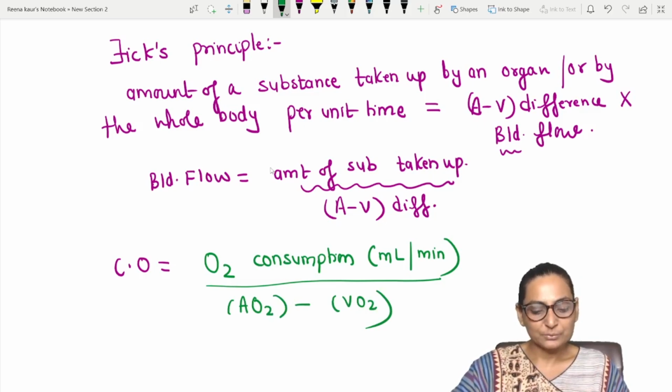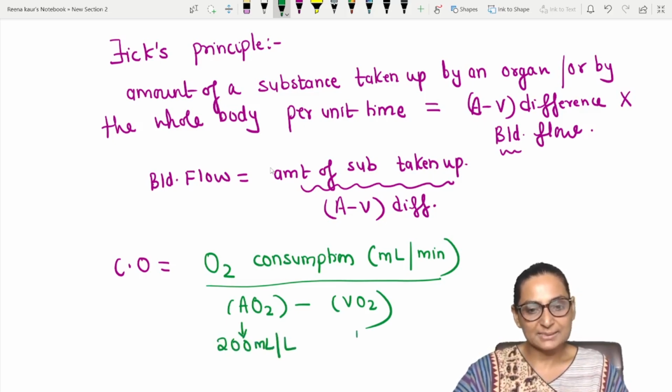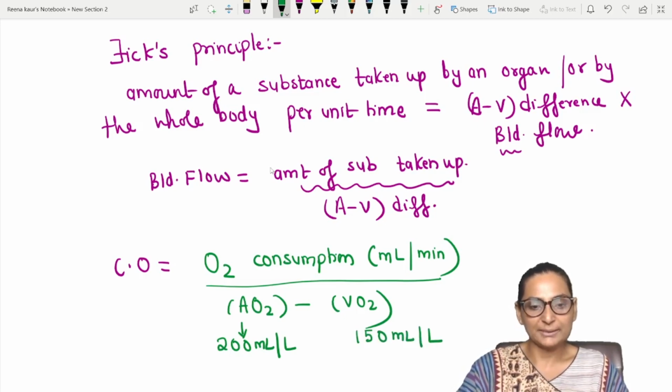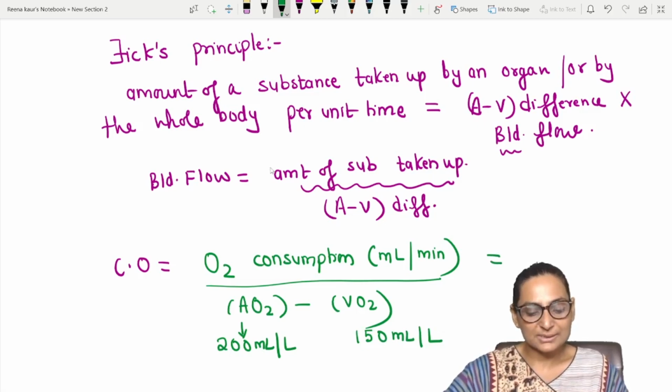So we know that the arterial oxygen content is around 200 ml per liter, and the venous is around 150 ml per liter, and oxygen consumption is 250.